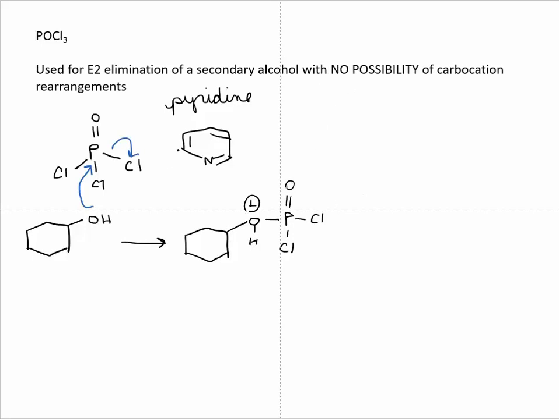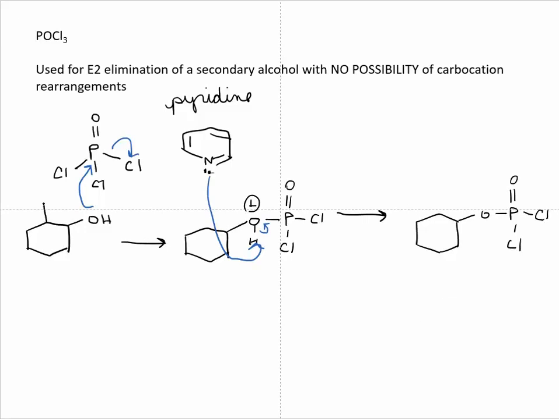Pyridine, like I said, is a non-nucleophilic base. This non-nucleophilic base comes through to deprotonate that alcohol. Now, rather than turning it into water, which is a good leaving group, and it just leaves to form the carbocation, now we have it stuck in this way that it can only react E2.